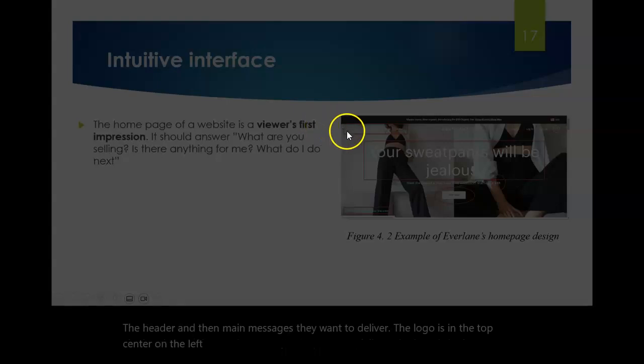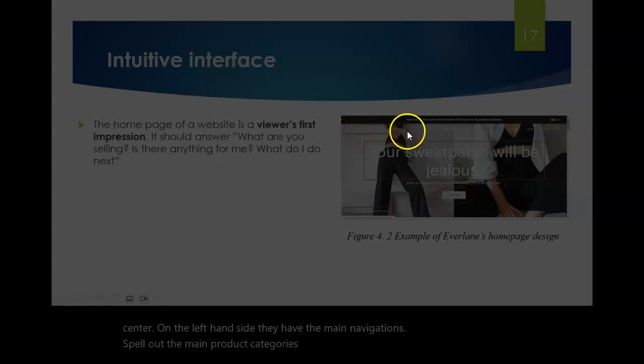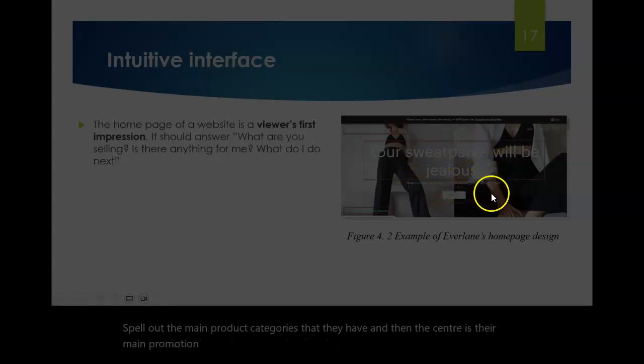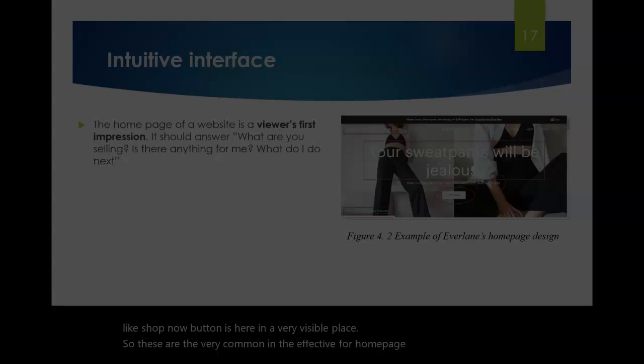On the left hand side, they have the main navigations, spell out the main product categories that they have, and then the center is their main promotion slogan, and then the promotion informations, and then call to actions like shop now button is here in a very visible place.